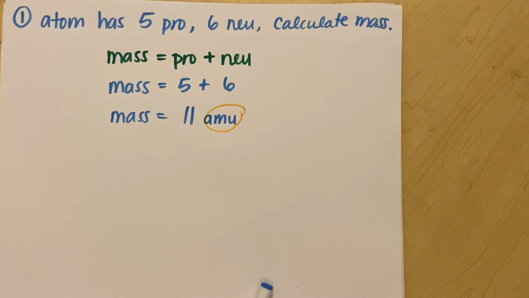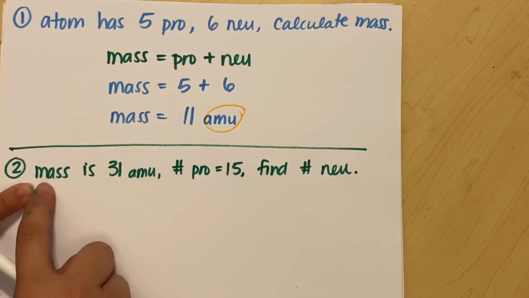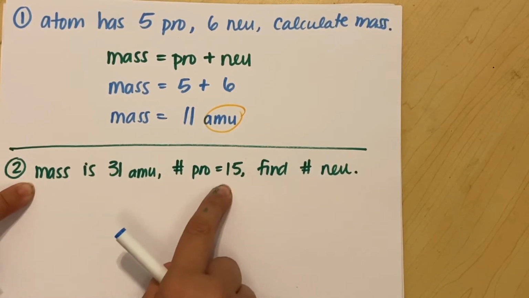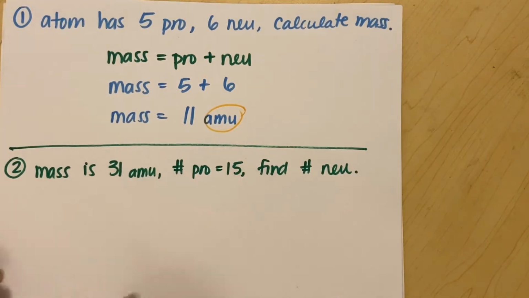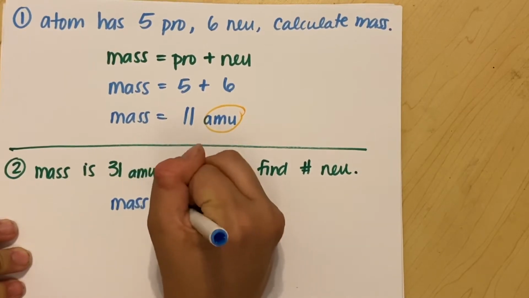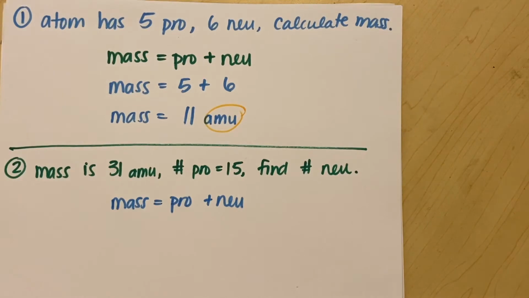That one's easy. Another easy type of question you could be asked is when you're given the mass. So the mass of an atom is 31 atomic mass units. The number of protons is 15. Find the number of neutrons. Same thing, just set it up that the mass is equal to protons plus neutrons, and now plug in what you know.